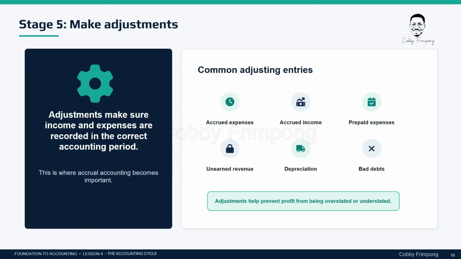A business may have incurred an expense but not yet paid cash. Sometimes a business may have paid for something in advance. Sometimes an asset may have been used over time and needs depreciation. Adjustments help prevent profits from being overstated or understated.